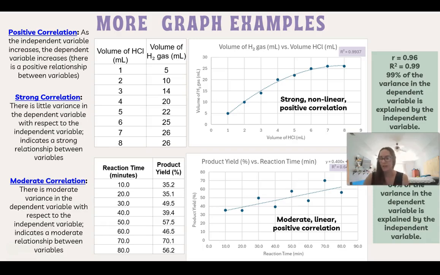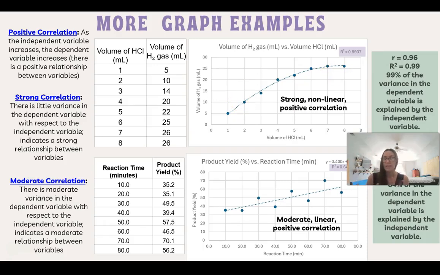Okay, so now that that's out of the way, this example is the volume of hydrogen gas produced whenever you treat a metal with hydrochloric acid, so it lets off hydrogen gas. So this relationship is that as the volume of hydrochloric acid increases, so does the volume of gas produced. But it does so in a non-linear fashion. This is more of a polynomial fit because the level of hydrogen gas is eventually going to level off.